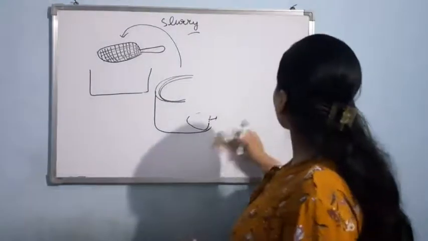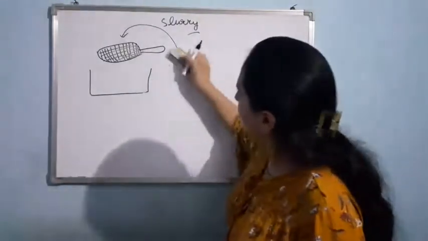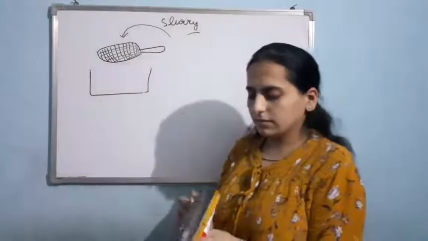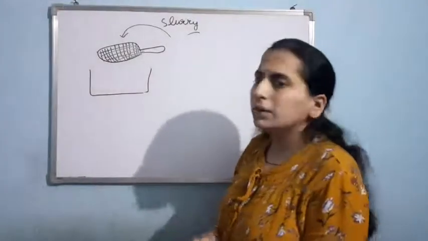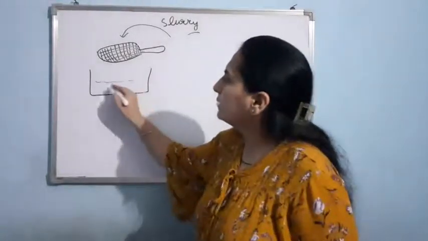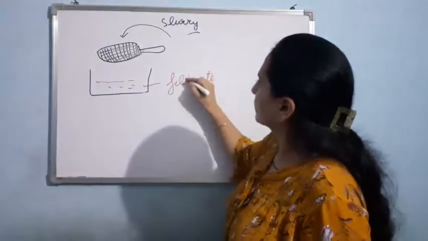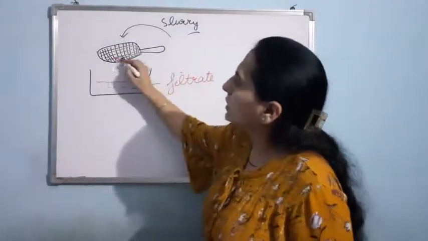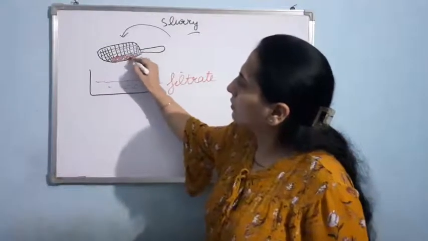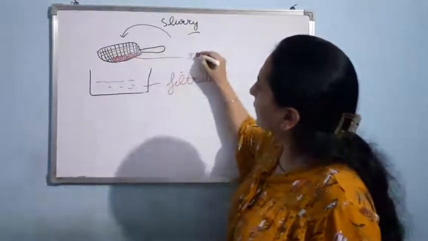So now what will happen? Slurry is there. Now here in the beaker, I'll get the filtrate, and there on the sieve, the retentate will be there.